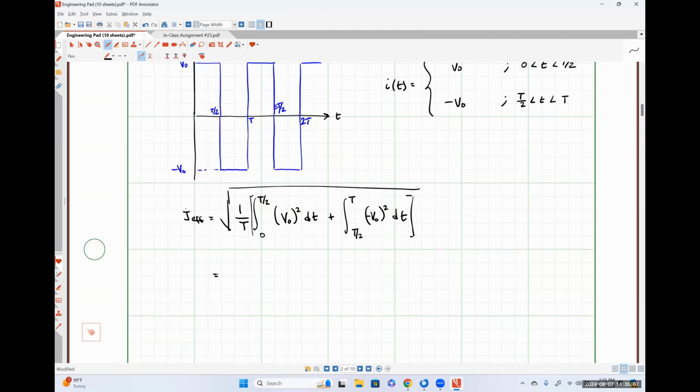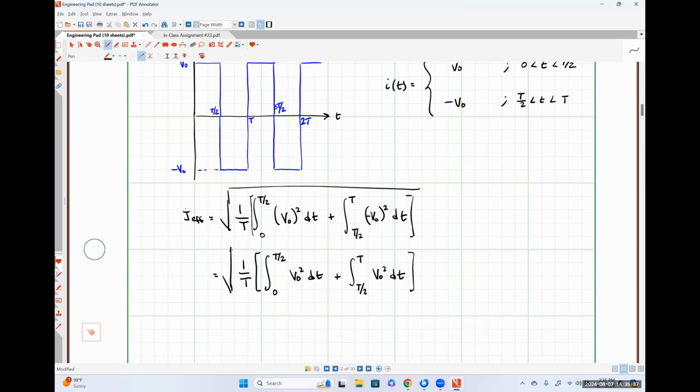So looking at our next step in our math here, that's going to look like 1 over capital T times the integral from 0 to capital T over 2 of V naught squared dt plus the integral from capital T over 2 to capital T of V naught squared dt.